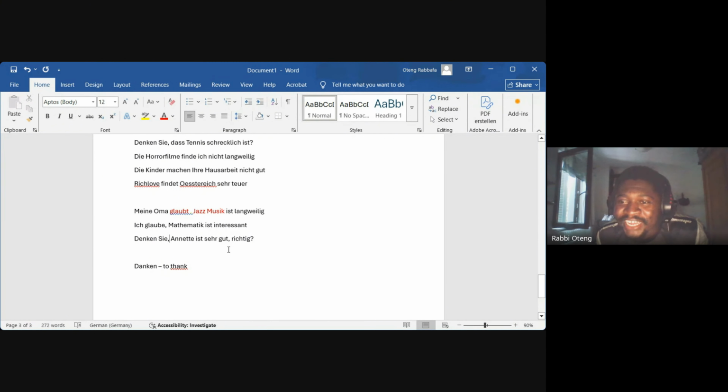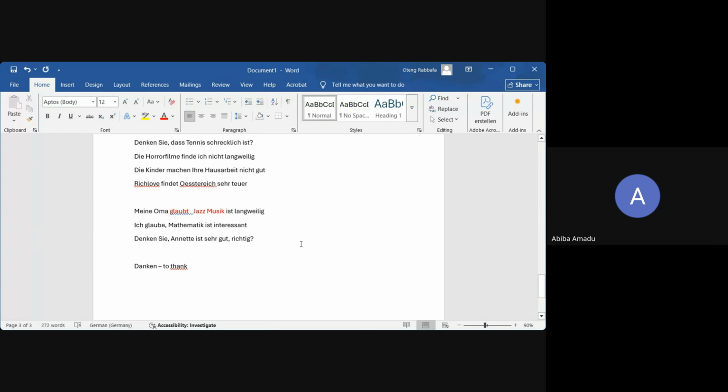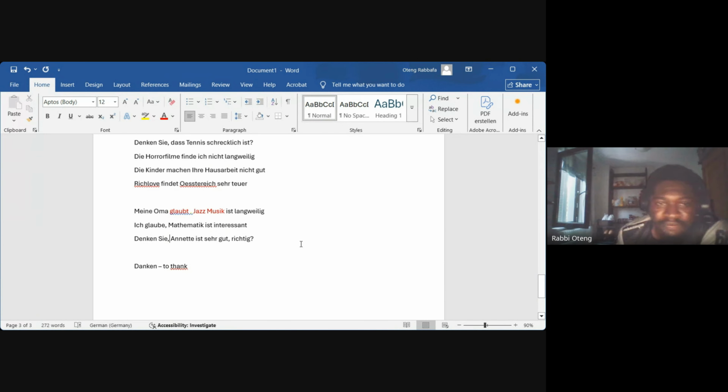Do you think Annette is sehr gut? Have you got what I'm saying? Try it. I have for sure to say it's finde. It's finde now with me. I merge the following noun with the adjective. But when you use glauben, denken, you have to have a different sentence on its own.